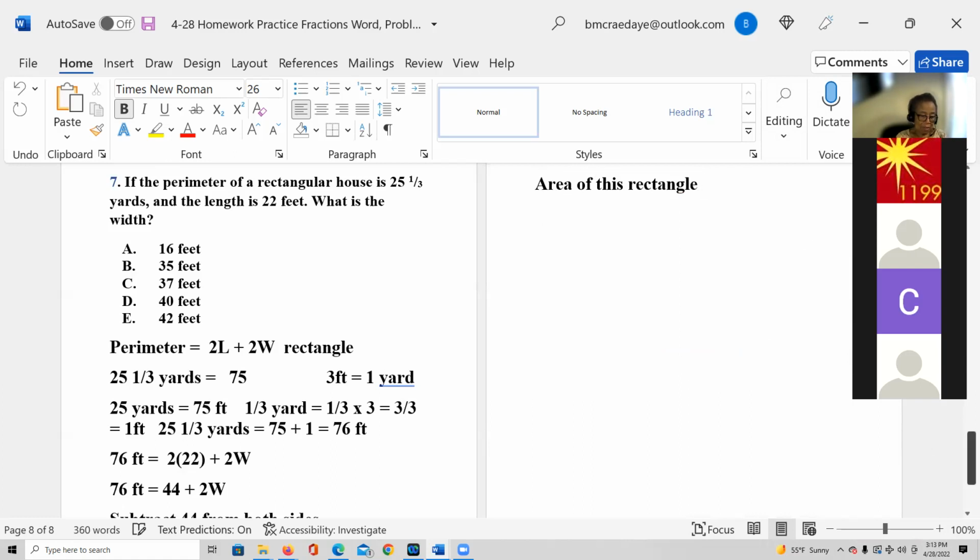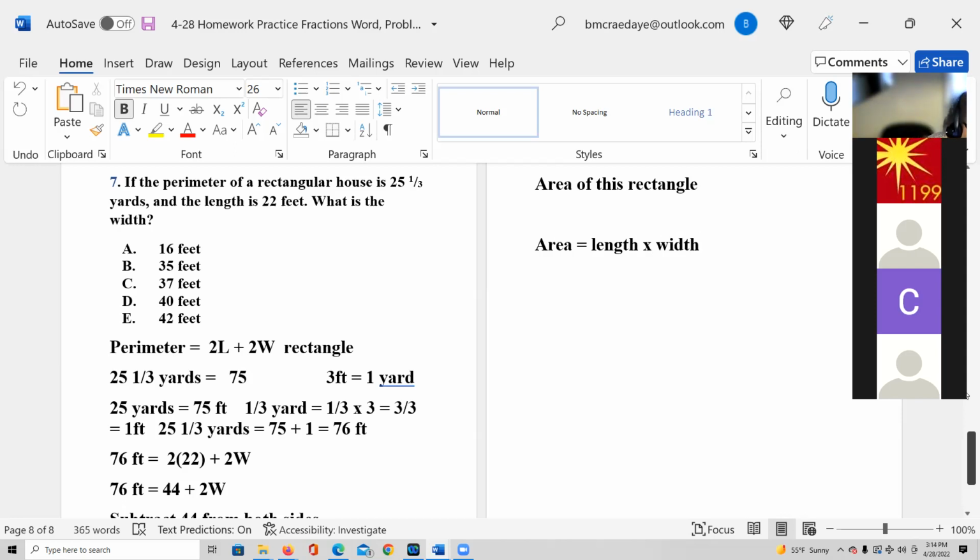Area equals what? Length plus width? Nope. Area is in square units, so it's a multiplication. Area is length times width.